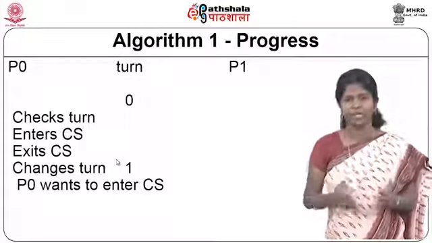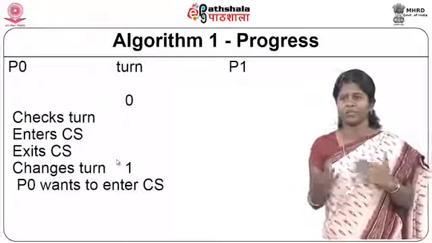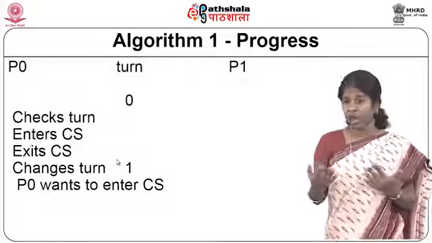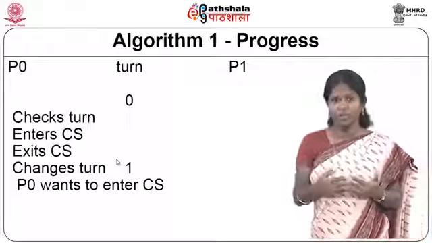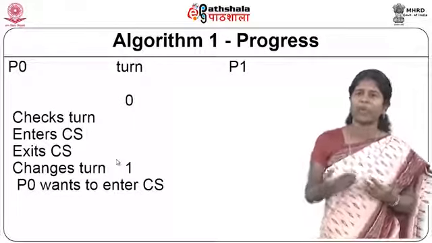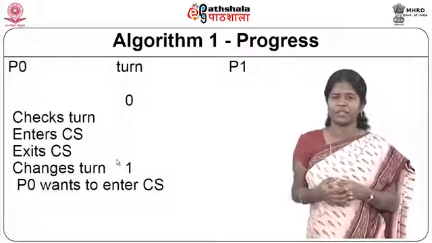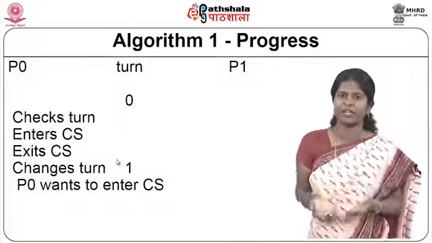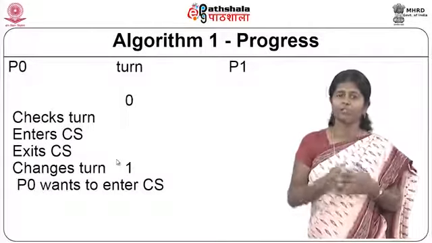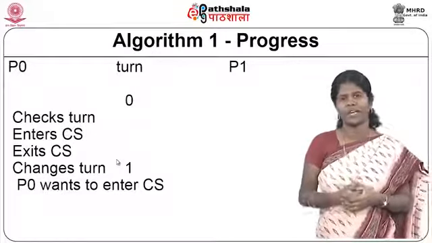If P0 enters first, P1 has to enter second, and only then P0 can enter, and then P1 can enter, and so on. So if P1 does not want to enter the critical section, then P0 cannot enter the next time. So we find that progress is not satisfied. After P0 had requested to enter the critical section, it is made to wait indefinitely. Hence progress is not satisfied in this algorithm.